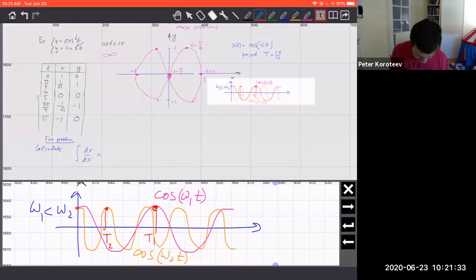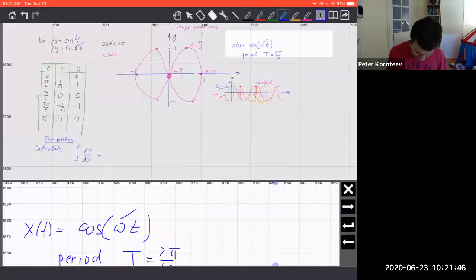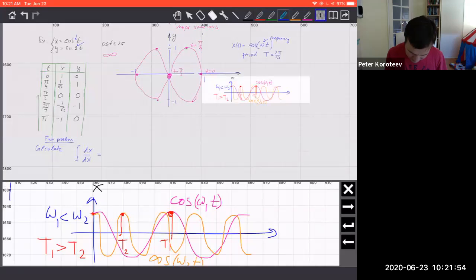So omega 1 is less than omega 2 and T1 is bigger than T2. So a period is inversely proportional to omega, and omega is called frequency, the frequency of oscillations.